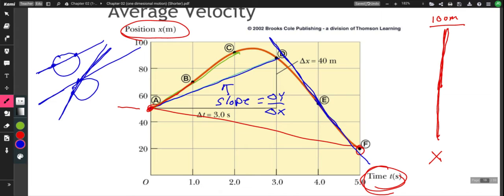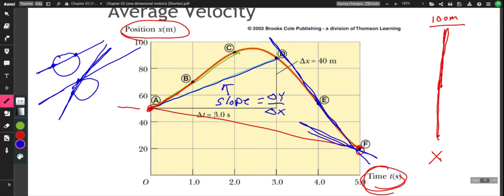At F, the tangent line may look more like this. At B, the tangent line may look more like that.